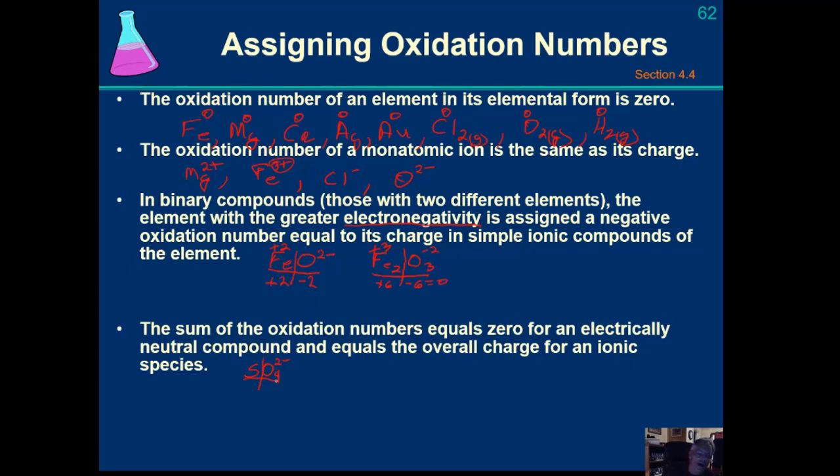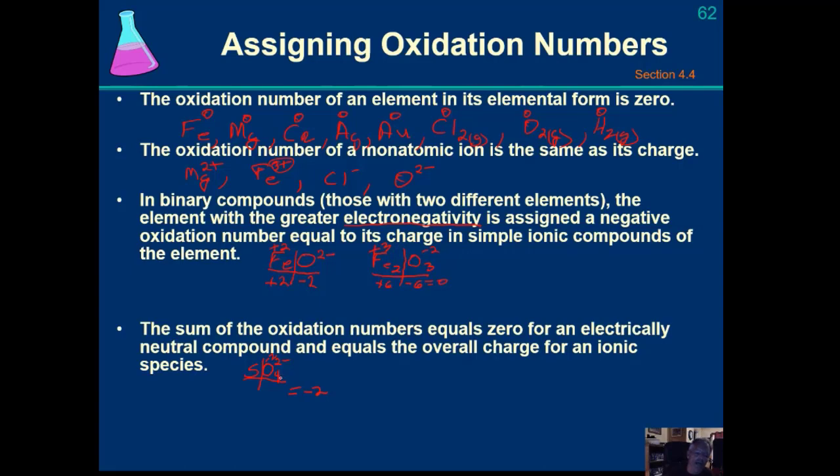Now, this is not a compound. It's a 2- anion. That tells me that when I get my negative and positive charges, they have to add up to a -2. Oxygen is further to the right on the periodic table, closer to the noble gases. That tells me it's more electronegative, so oxygen by itself has a -2 oxidation state.